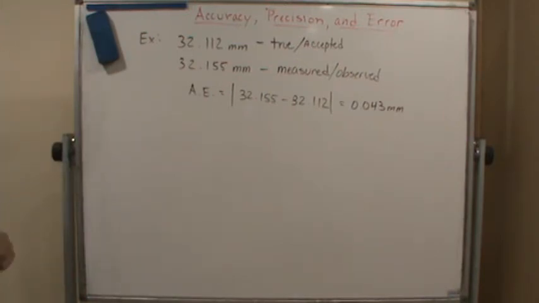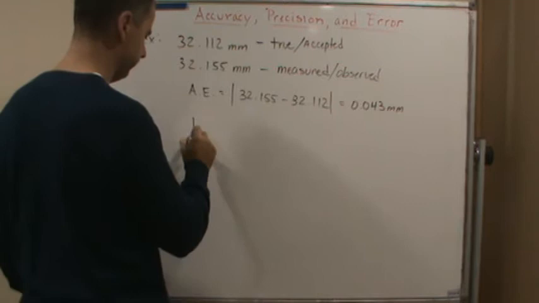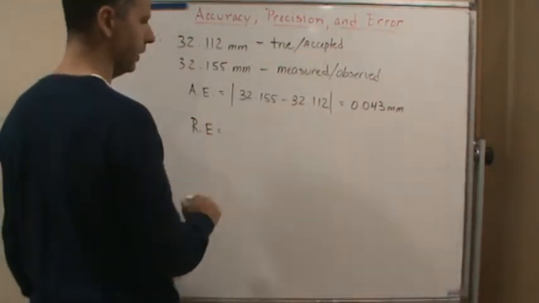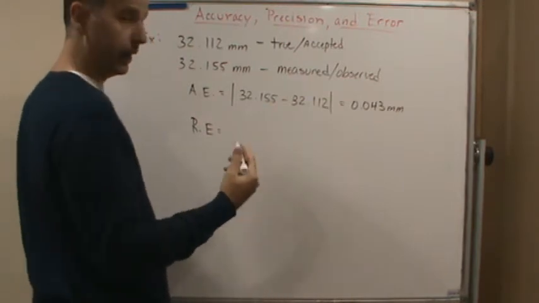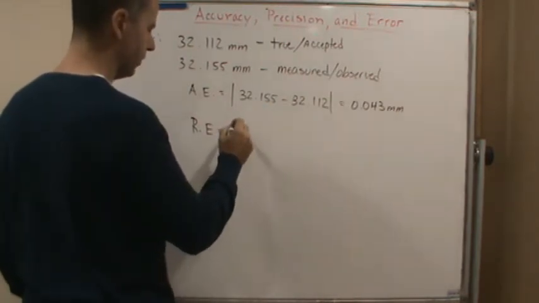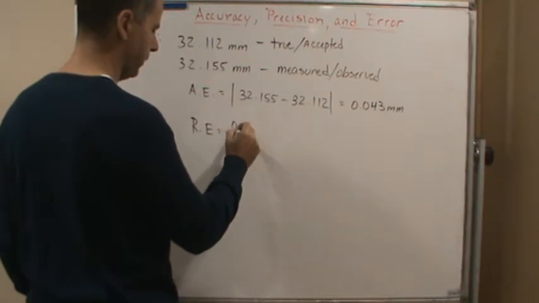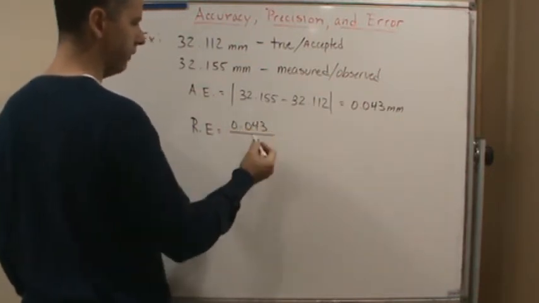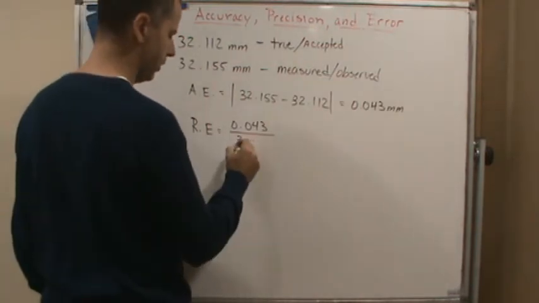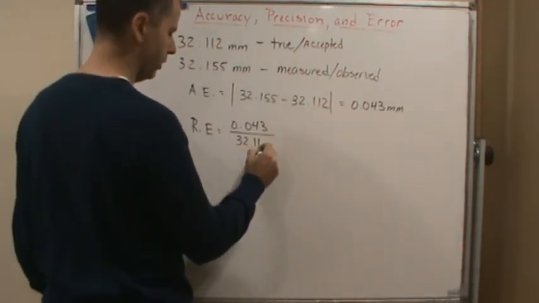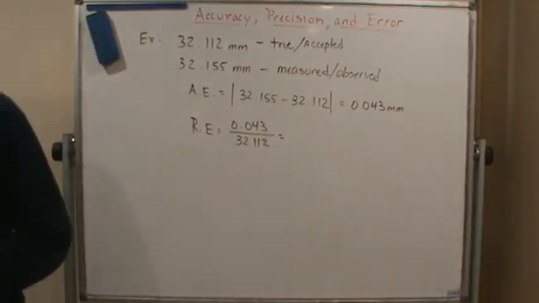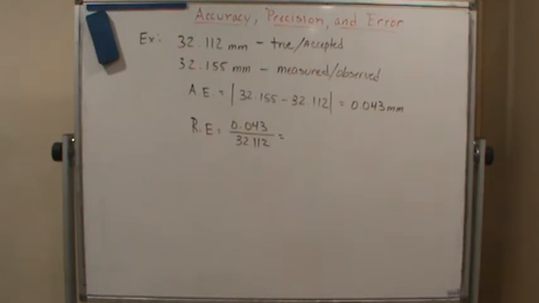Now, what about relative error? Well, all we have to do is take the absolute error and divide it by the true value. So in this case, we're going to take 0.043, the absolute error, and divide it by the true value, which is 32.112. And if we do that, what do we get?